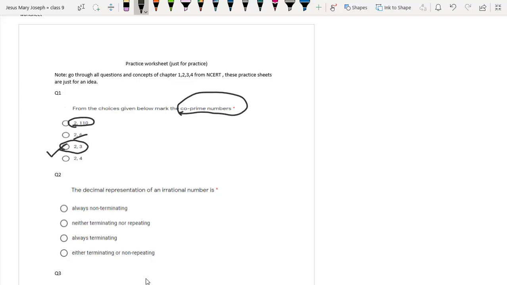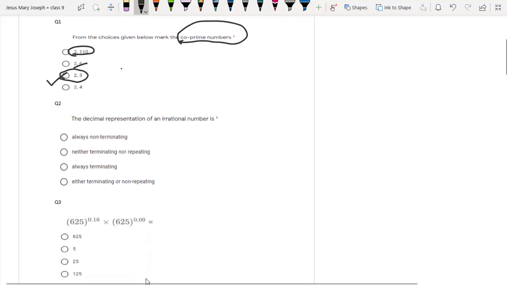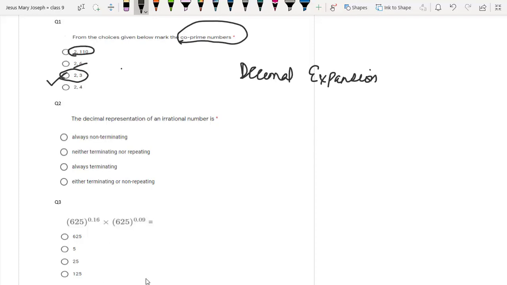Then in question number 2, the decimal representation of an irrational number is... we all know decimal expansion, I have told you. It is of two types. First for rational numbers, then for irrational numbers.